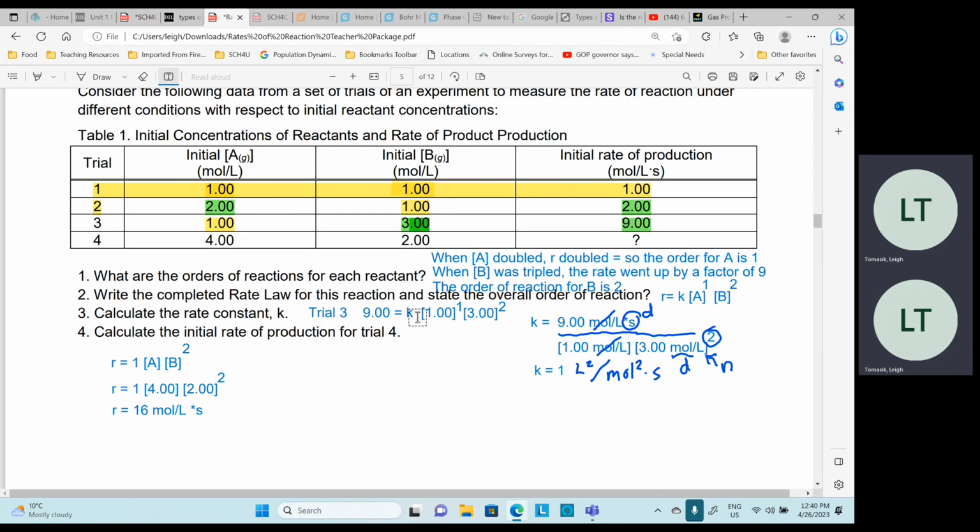So before even doing this trial, we would know that if we quadruple A and double B, we're going to get 16 moles per liter second.